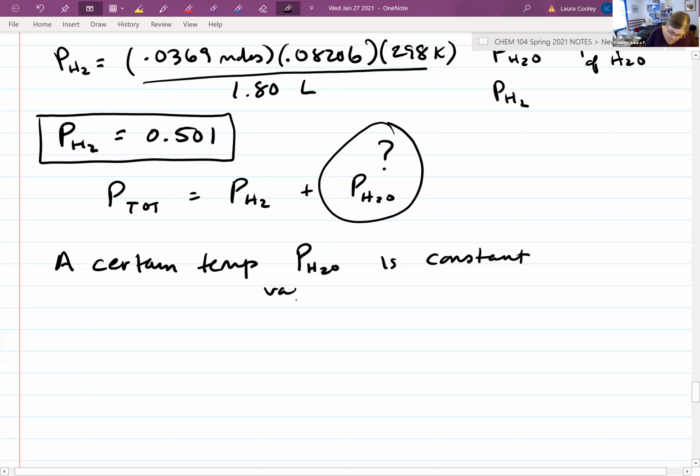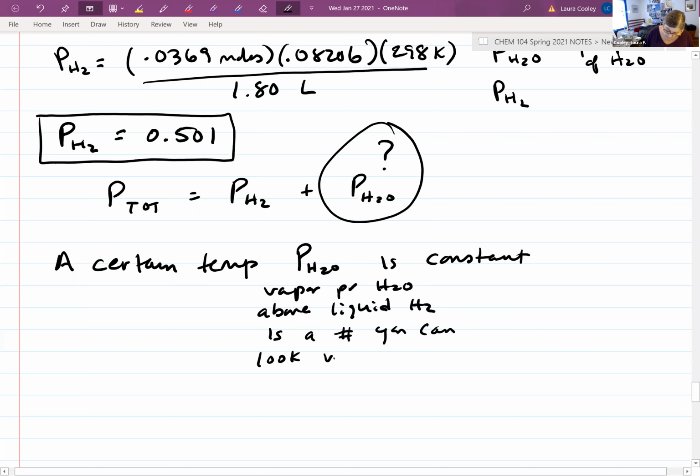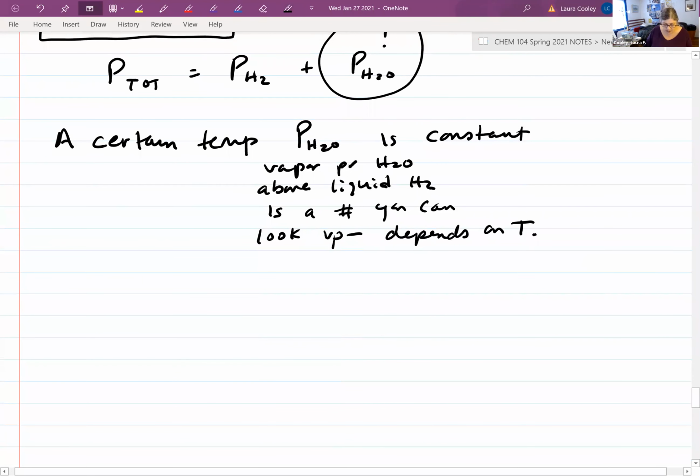The vapor pressure of water above liquid water, as long as the temperature is constant, is just a number that you can look up. It depends on temperature, and this is something that we're going to study in detail in the next unit.